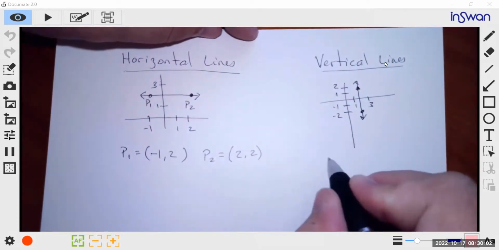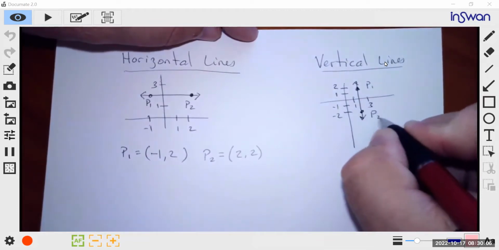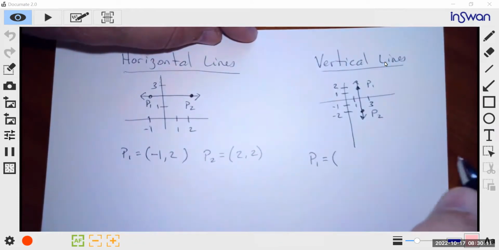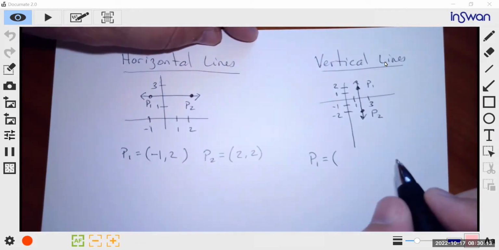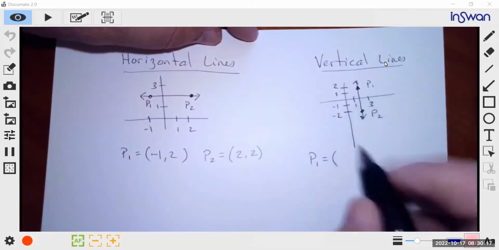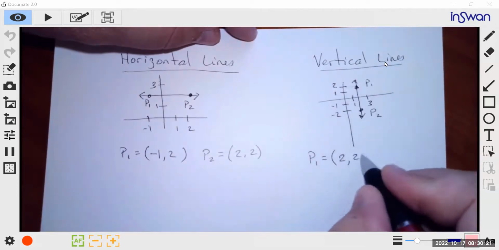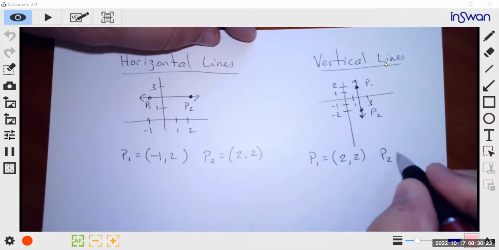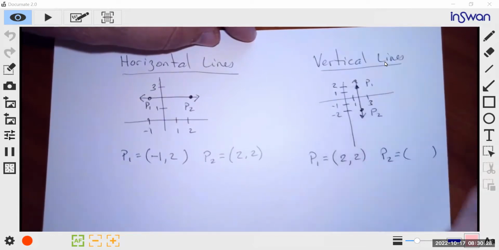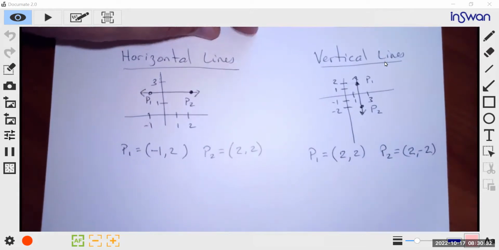Likewise, let's do the same thing over here. This is point 1, this is point 2. What's the location of point 1 here? 2 and 2. And point 2? 2 and -2.